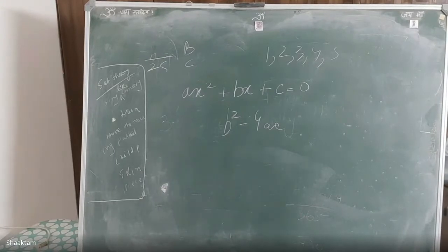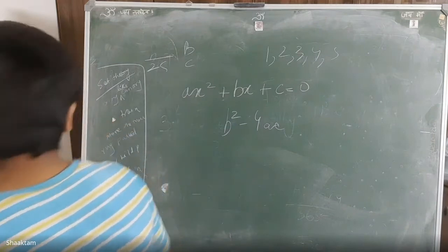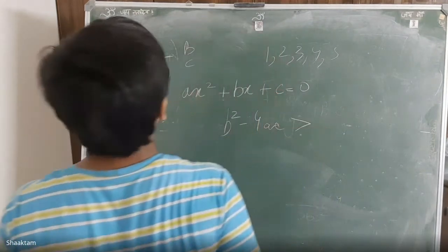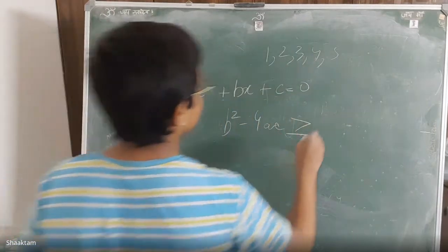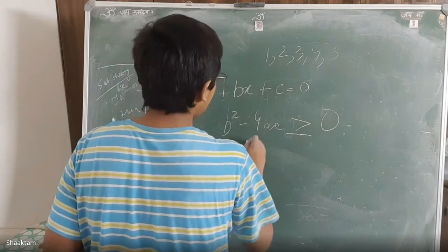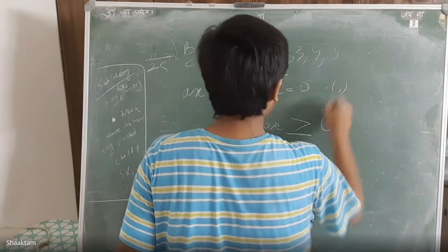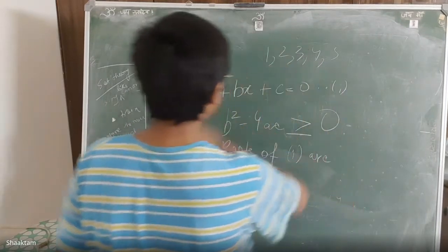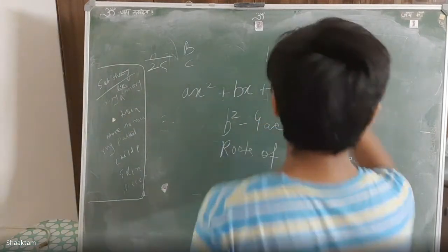And the other thing is this fact, which is very important. If b square minus 4ac is greater than 0, or if b square minus 4ac is equal to 0, in this case, the roots of this equation are real in nature.